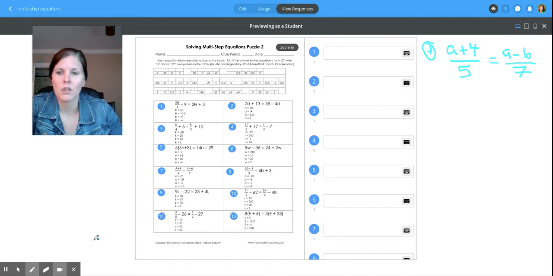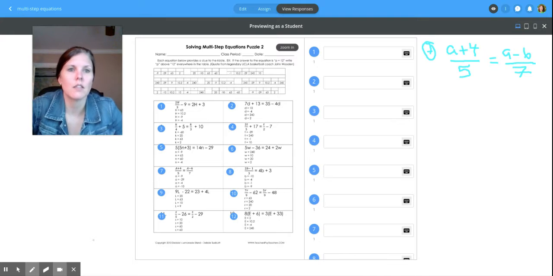Okay, so you can see that this is a little bit tricky. We probably should get rid of these denominators. We should get rid of the fraction.